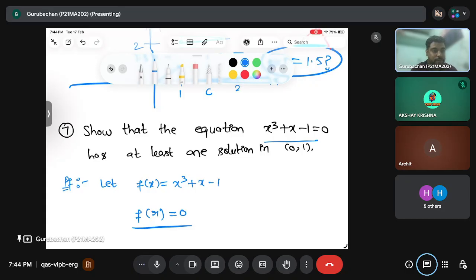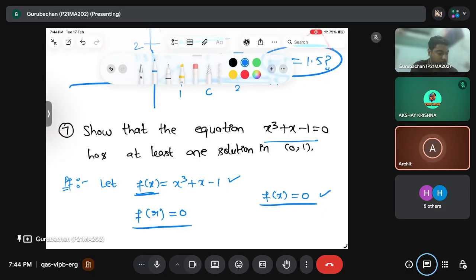If you are saying f of x equal to 0, that means you are trying to find the solution of this equation. That is why I said this is a function and this is an equation. An equation always has a solution, but when you write a function explicitly, it must have a root for it to be equal to 0. Root means for what value the function goes to 0.